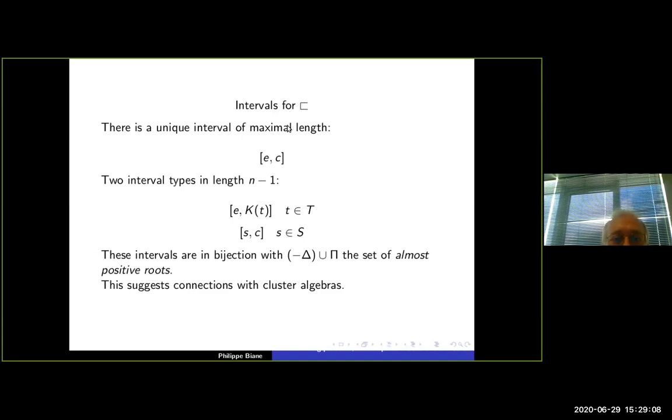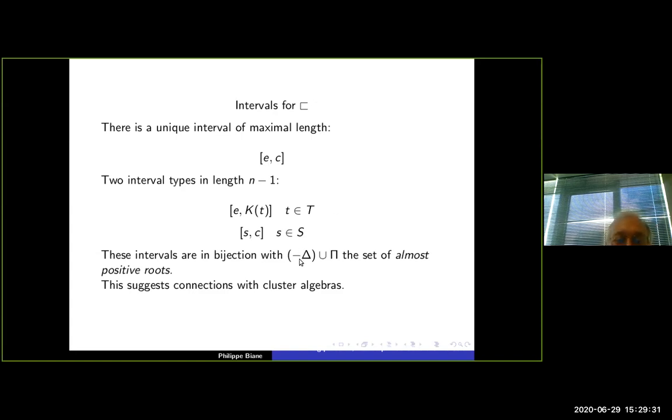For the square order, for example, there is a unique interval of maximal length, which is the interval between E and C. And there are two interval types of length n-1. The interval from E to the Kreweras complements of reflections, and the interval which goes from the simple reflections to the maximal element, the Coxeter element.